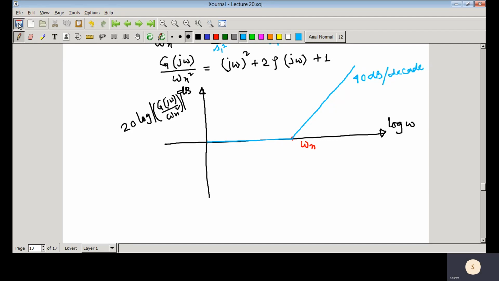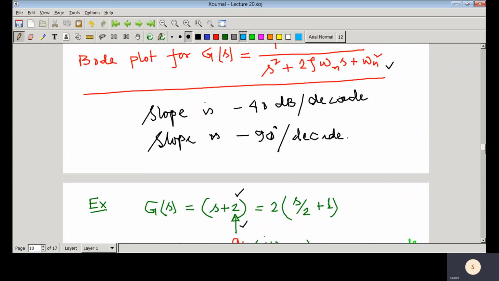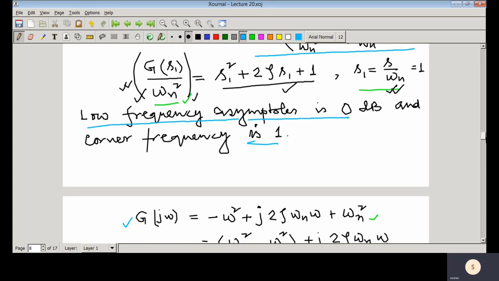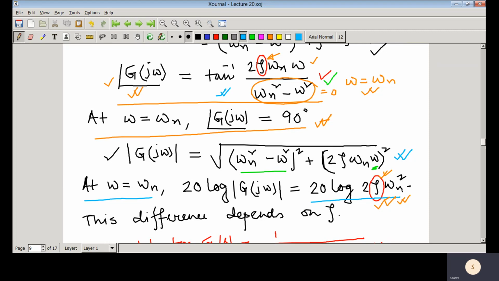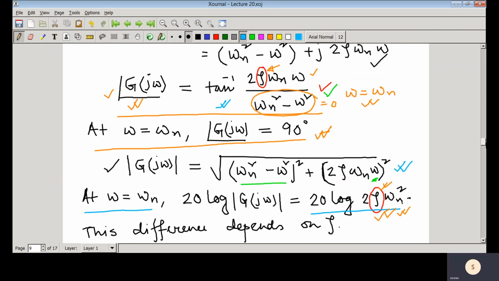That means if we have a factor like s plus a, it is 20 dB per decade, but if you have a second order term, we have seen that it is 40 dB per decade. And at the natural frequency, at omega equal to omega n, at the corner frequency, that angle would be 90 degrees.